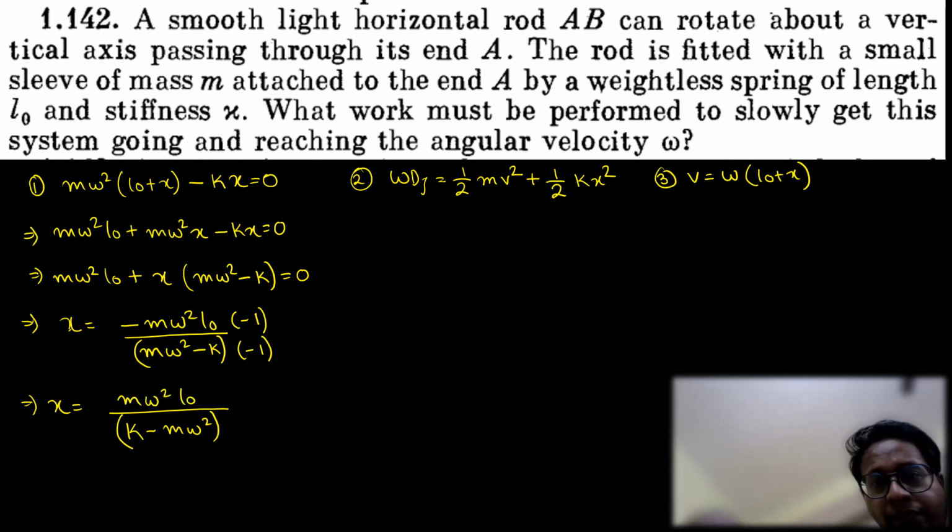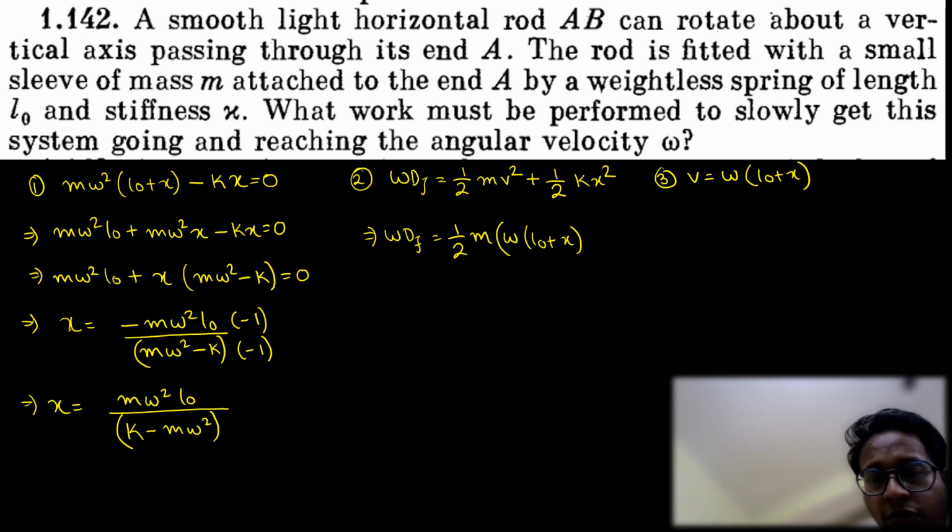Now the second equation: work done by external torque is equal to half m into v square, where v is equal to omega into L naught plus x. So v square would be omega into L naught plus x whole square, plus half k into x square, where x is m omega square L naught by k minus m omega square, whole square.